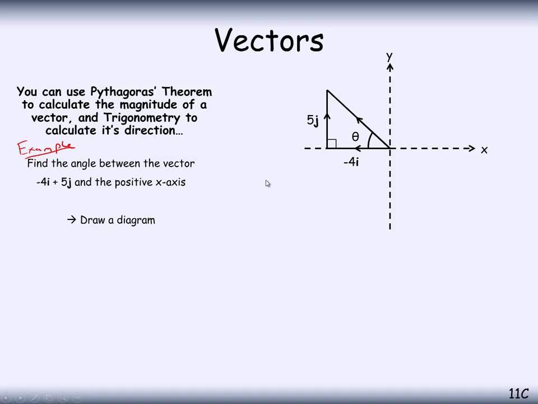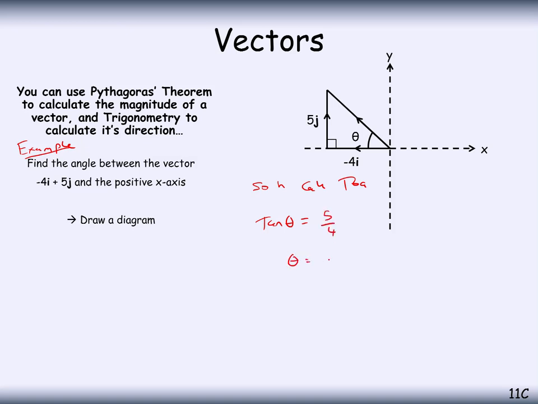I'm going to find theta. Well, let's use SOHCAHTOA. I know the opposite and the adjacent, so I'm going to use tan. Tan of theta is equal to opposite 5 over 4.